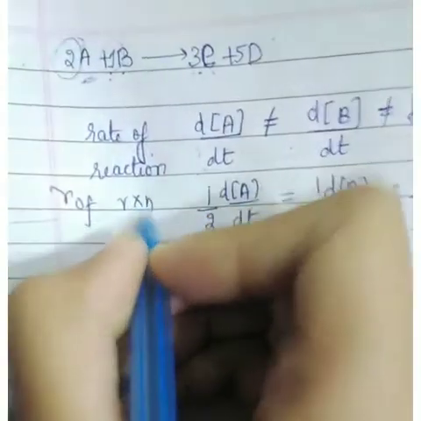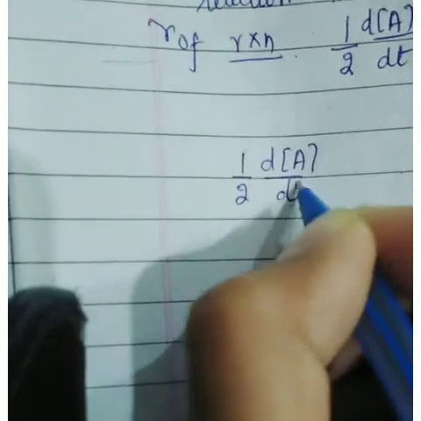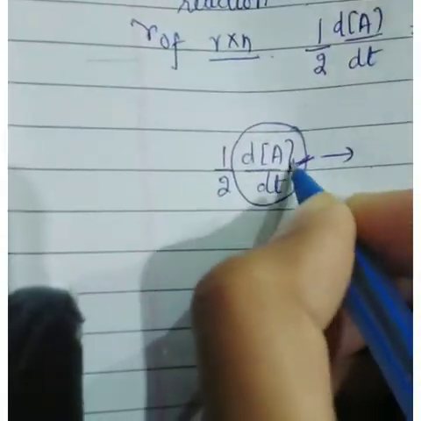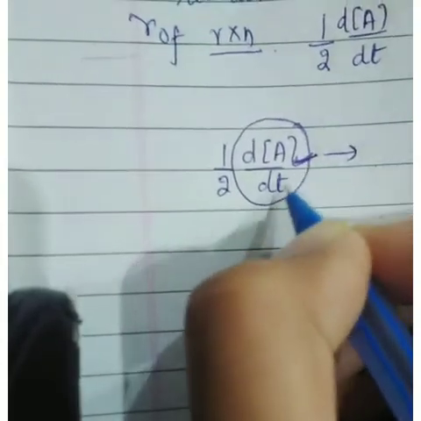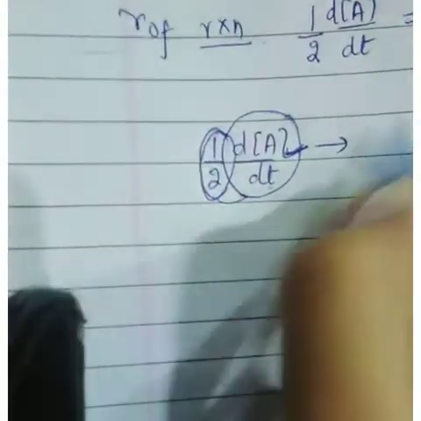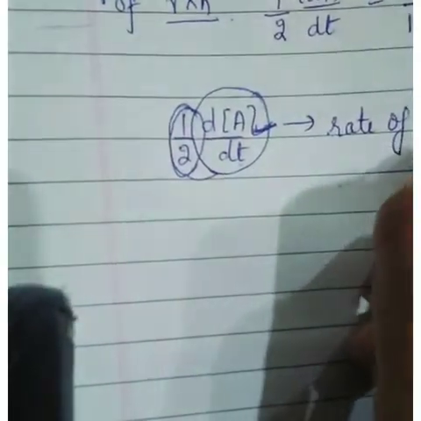Now this is called the rate of the reaction. An important point here is that with the 1 by 2, this denotes the concentration of A, a reactant, with respect to time, but this coefficient is also written in the denominator, so it is actually denoting the rate of reaction.